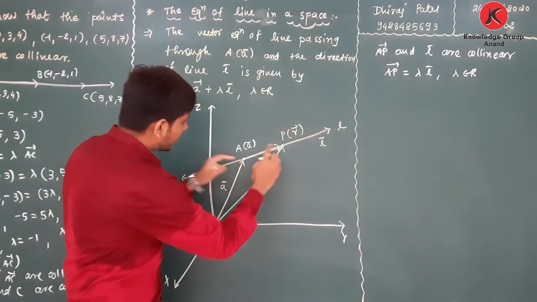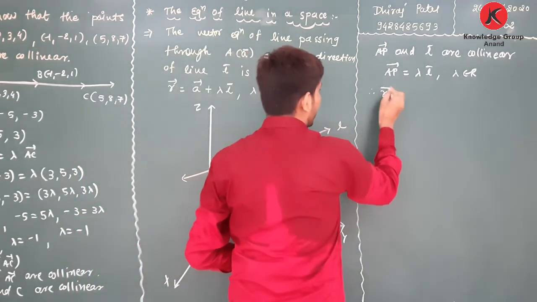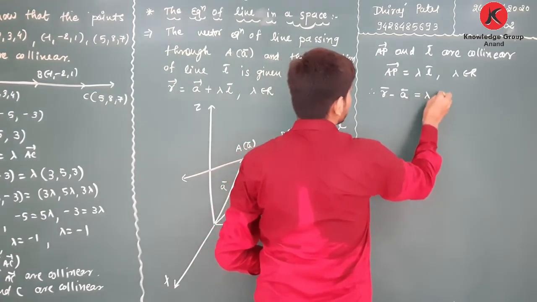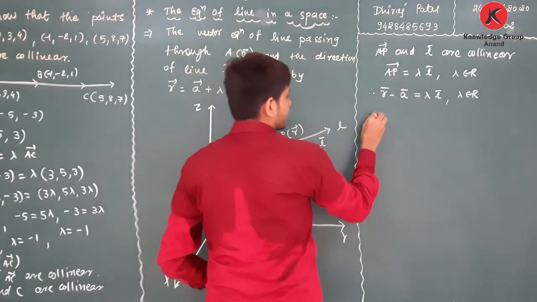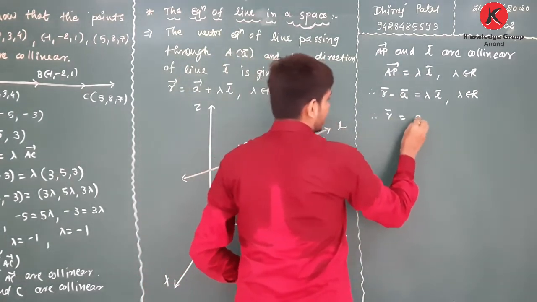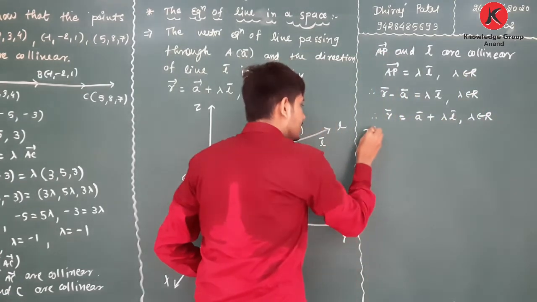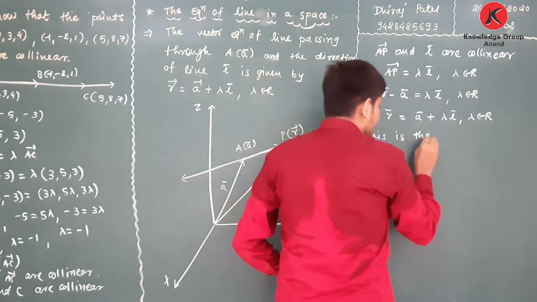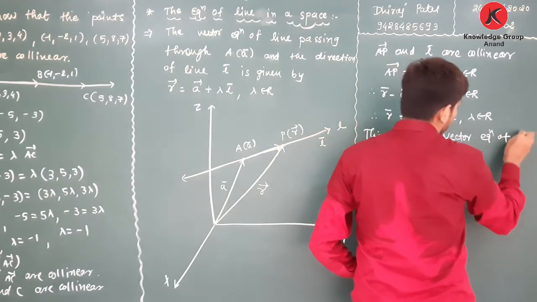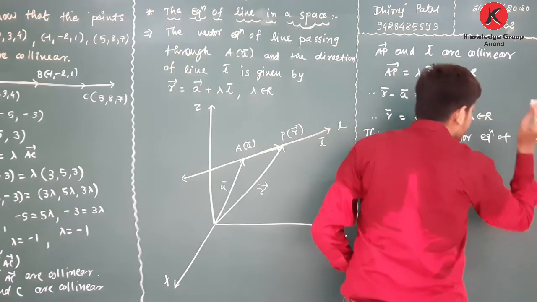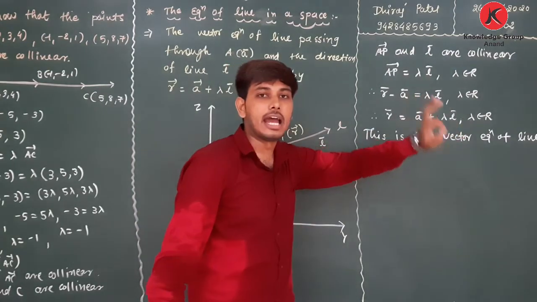We know that the vector AP is R bar minus A bar, which equals lambda L bar, where lambda belongs to R. If we make R bar the subject, then we get R bar equals A bar plus lambda L bar, lambda belongs to R. This is the vector form, the vector equation of line passing through the point A bar and the direction of line is L bar.